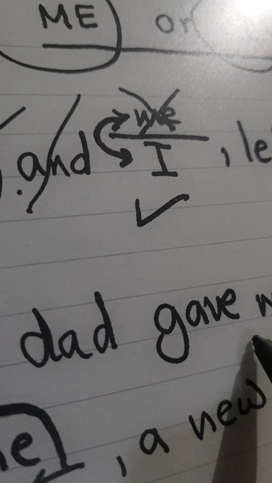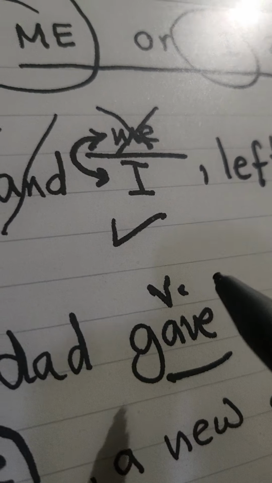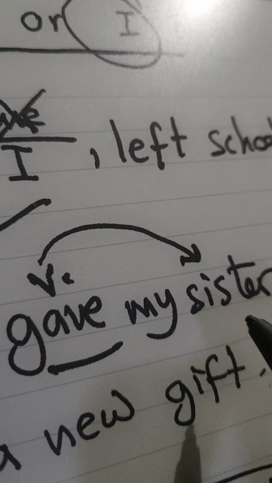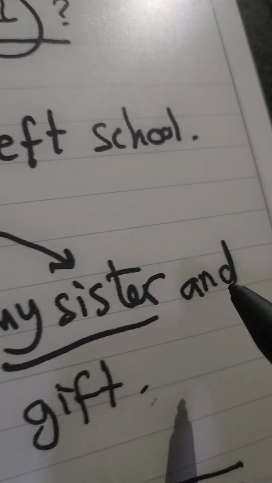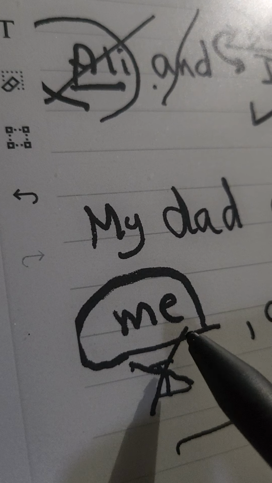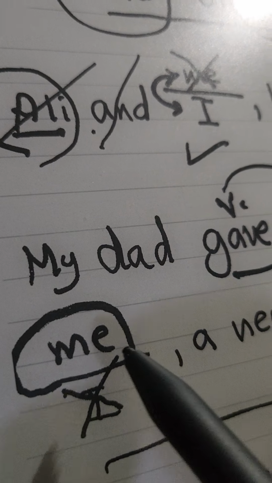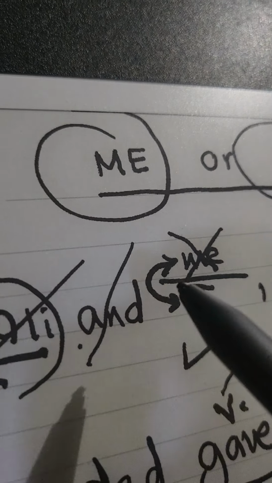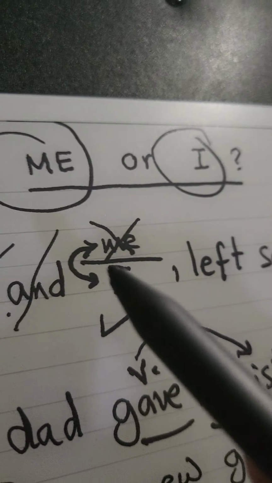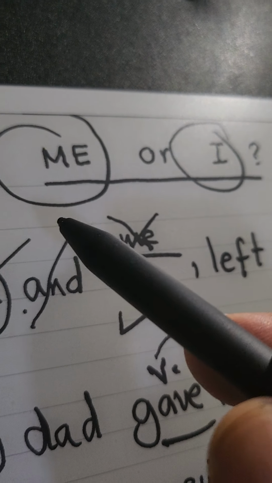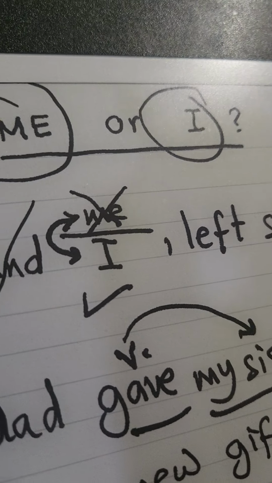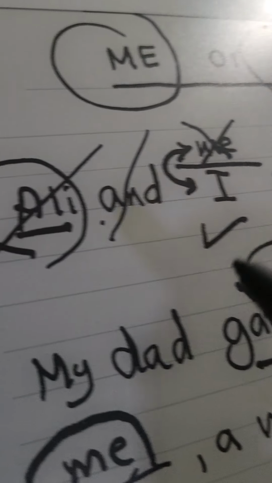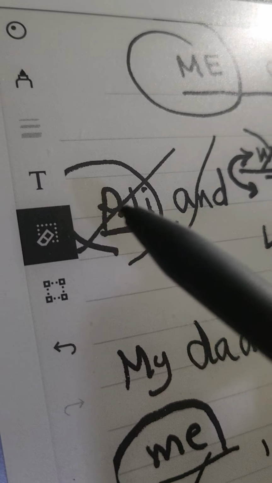Gave is a verb. This verb is followed by the object my sister, and the object pronoun me, not I. So if it is an object pronoun, it's me. If it is a subject pronoun, it's I. Now you know when you can say me or I. Let's see the second part of the video.